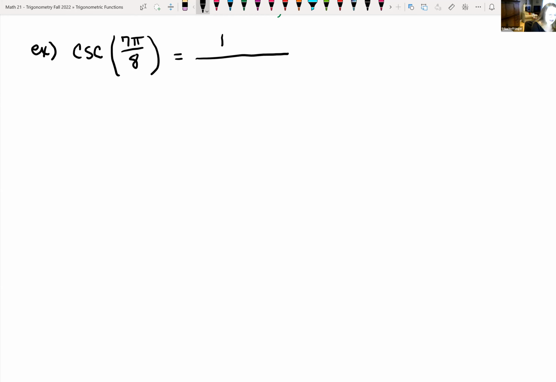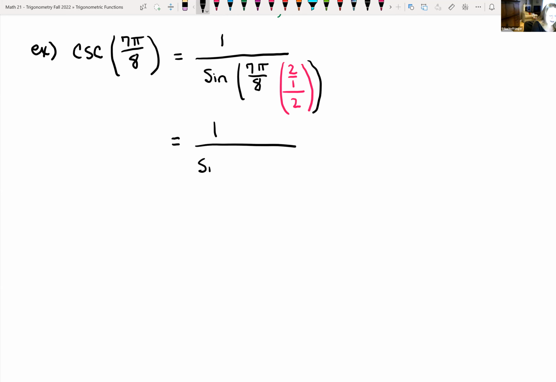So this is the same thing as 1 over sine of 7 pi over 8. But this is not one that we know, and it told us to use the half angle. So let's multiply this by a fancy one of 2 over 2. So doing that, we have 1 all over sine of, well, notice when we multiplied that 7 pi over 8 by the 2, the 2 goes into that 8 4 times.